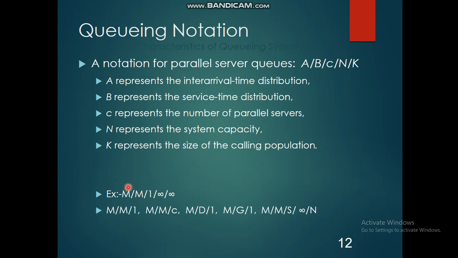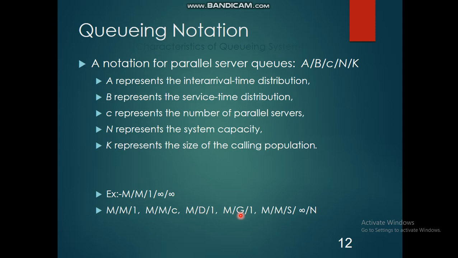If you represent D instead of A, it means the deterministic distribution. If you represent G, it represents the general distribution. Similarly, instead of writing B here, you also can represent M or D or G.